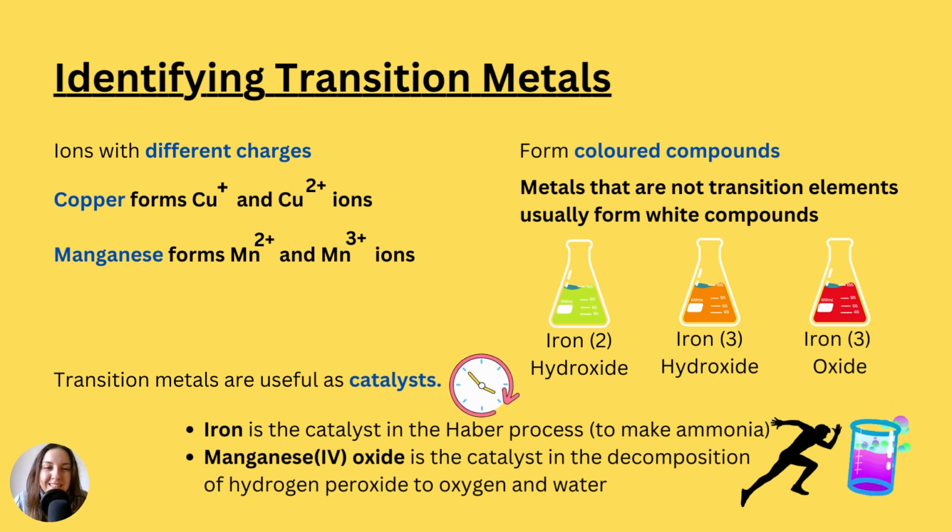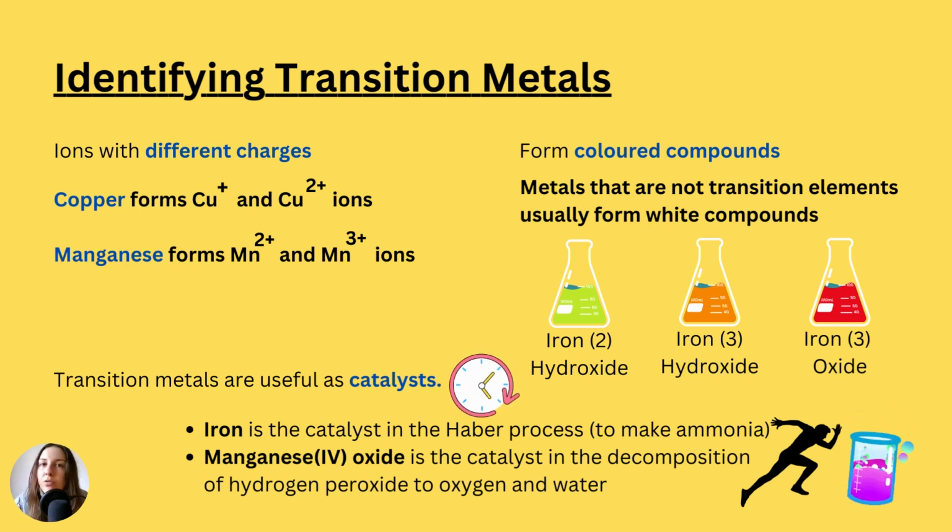Transition metals, additionally to this, can also be useful as catalysts. And I will talk more about catalysts for chemistry and also biology. Remember, biology talks about catalysts in terms of enzymes. And I'll do videos on this in the future. But transition metals are really useful as catalysts. Essentially, they are able to lower the activation energy and increase the rate of reaction. That's essentially what a catalyst is. And it doesn't get used up.